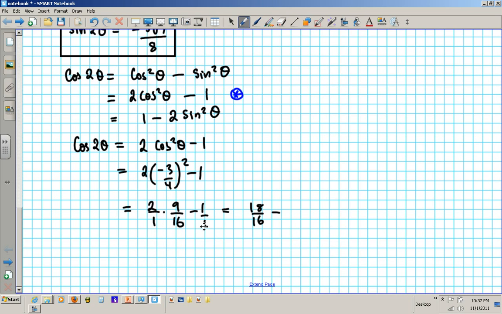LCD of 16 and 1 is 16, so this one needs to have a 16 in the denominator, so I can combine it. So I can multiply this by 16 top and bottom. So we end up with 16 over 16. And then when you subtract, you get 2 over 16. And then you can reduce this to 1 over 8. So there goes cosine 2 theta. So cosine 2 theta is 1 over 8.